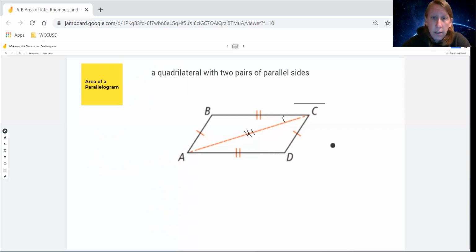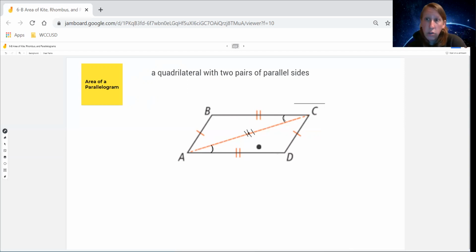This angle here is congruent to this angle here. This angle is between this 2 side mark and this 3 side mark. And then this angle down here is also in between this 2 side mark and 3 side mark. And those angles are congruent because the triangles are congruent.